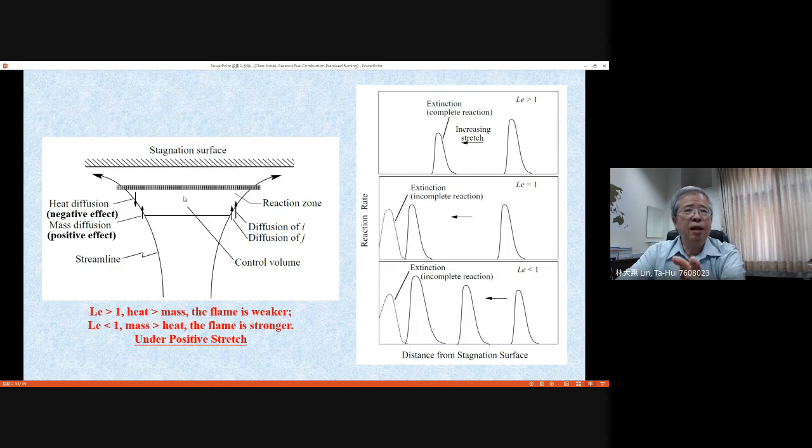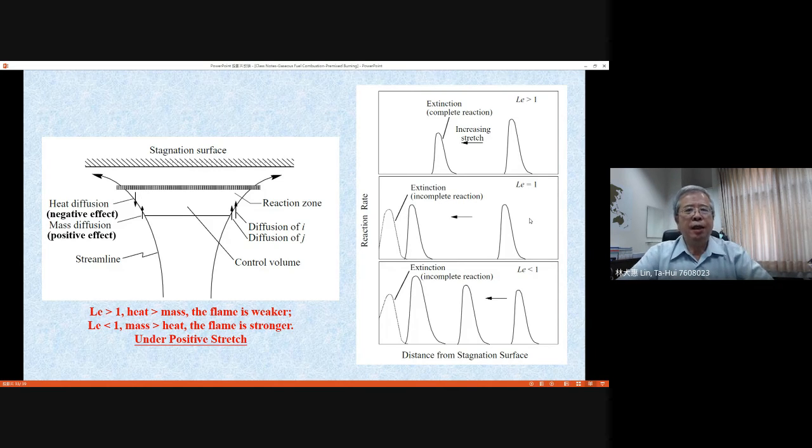But for the opposed jet flow, you need to try to imagine this stagnation surface. Basically, it's virtual. Then you may not have a so-called heat loss. The only reason for flame extinction is incomplete combustion, incomplete reaction. This is the reason for the extinction in these two cases with Lewis number equal to 1.